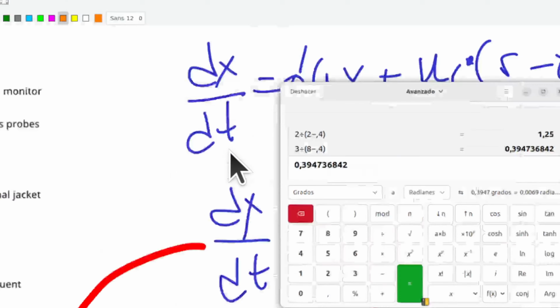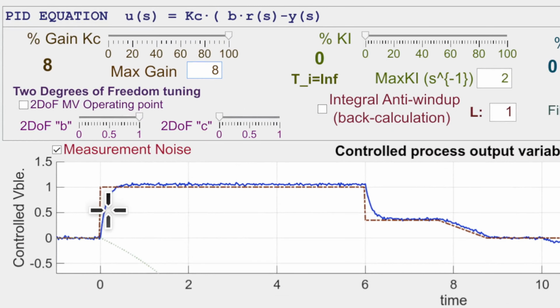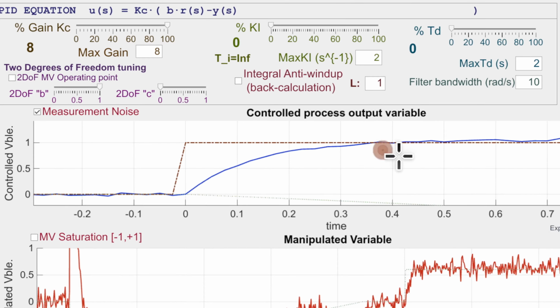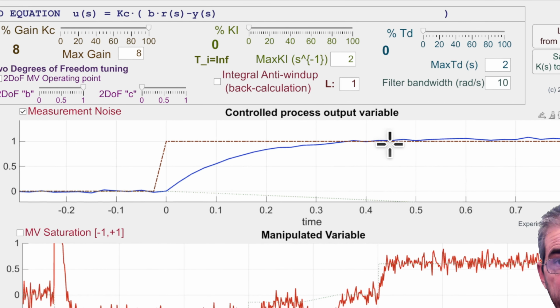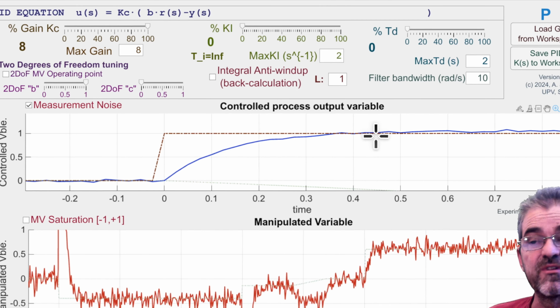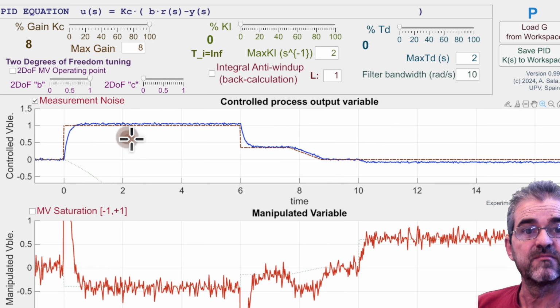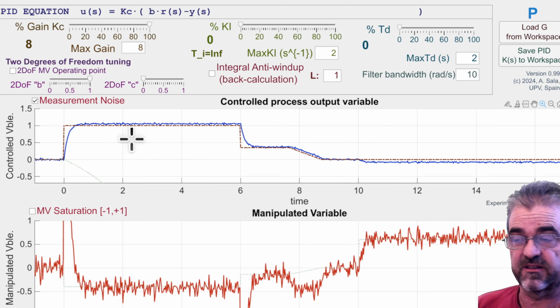So if we zoom in, indeed we see that everything has happened in 0.4 seconds, and only 5% maybe of the population growth is remaining. That's the meaning of 95% settling time.